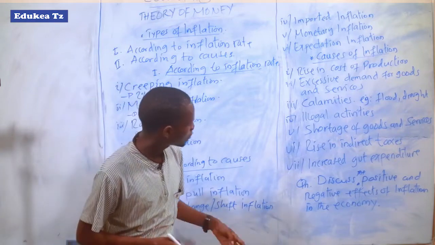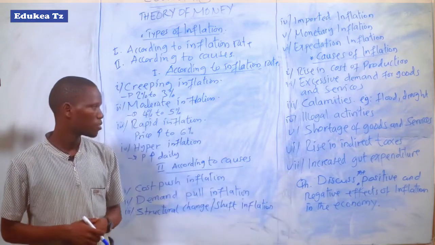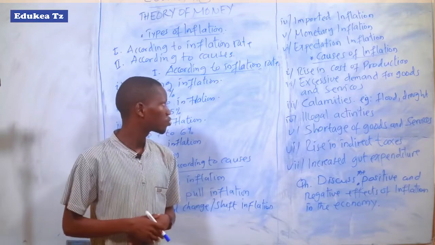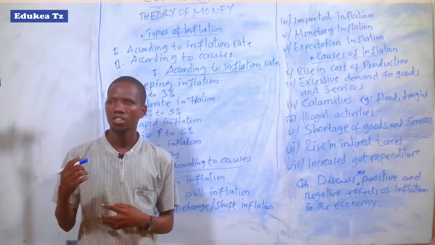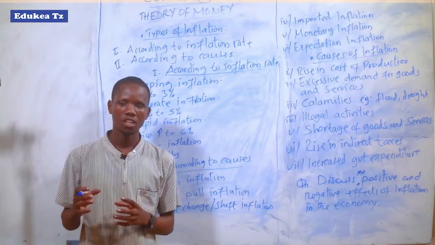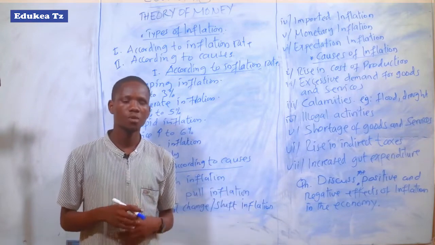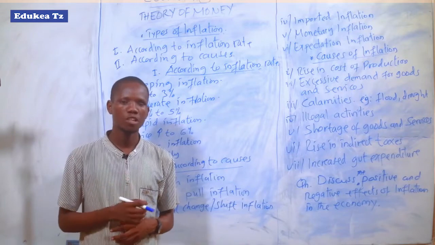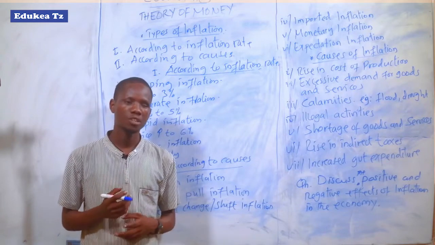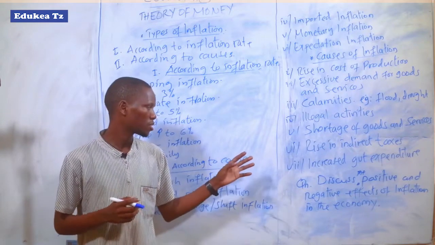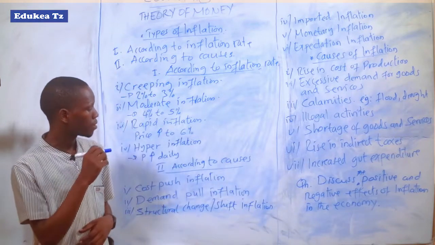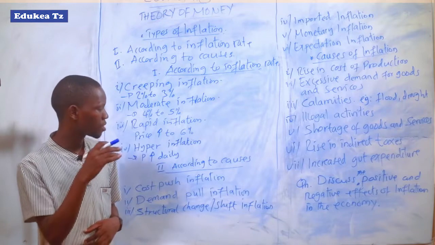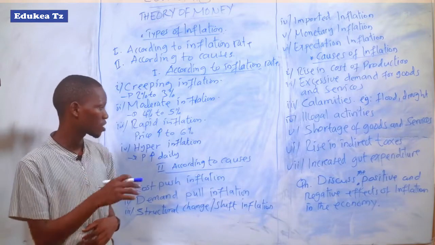Also we have increased government expenditure. Government expenditure can lead to inflation because the government can engage in a certain business in the country, but maybe they expect to get some amount of money from abroad, which can be given under certain conditions which must be met by the government at a particular time.